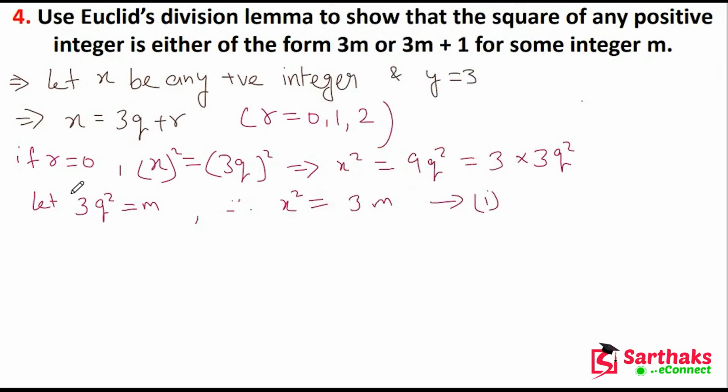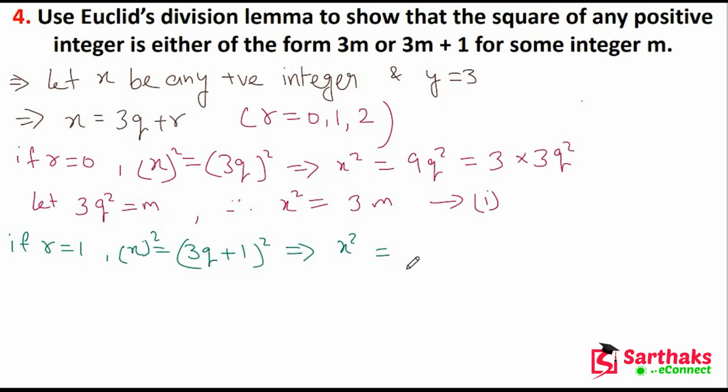Okay, now we will move on. Now again, if r equals 1, then x equals 3q plus 1. Again we square both sides, so x square equals (3q plus 1) whole square, which is (a plus b) whole square.